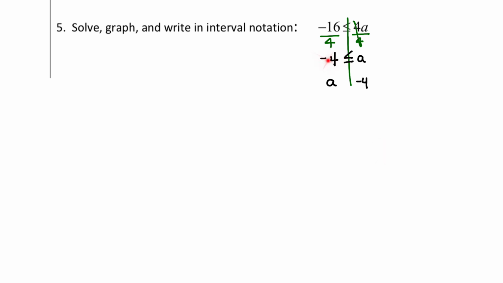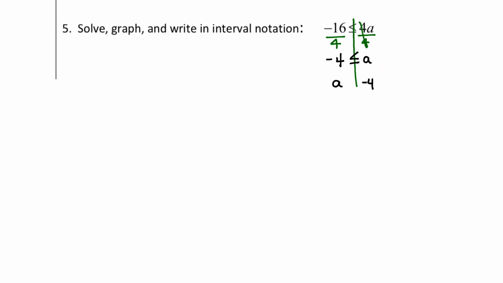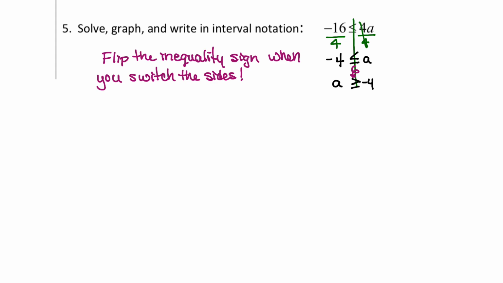It's pointing at the 4 and the big side's at the A. So it has to point at the 4 and the big side has to be at the A. So it switched the inequality when we changed sides. A was on the left, needed to be on the left, it was on the right. Negative 4 was on the left, now it's on the right. So when you switch sides, you have to flip the inequality as well.